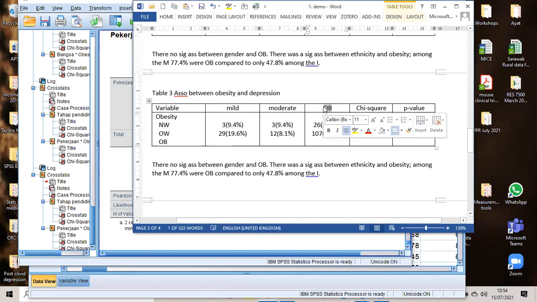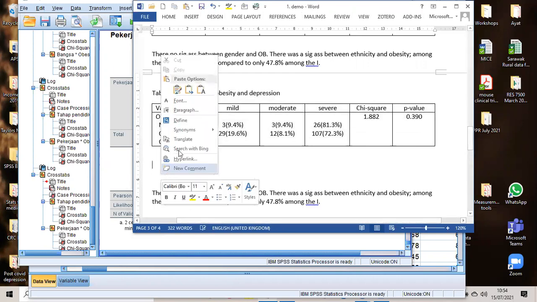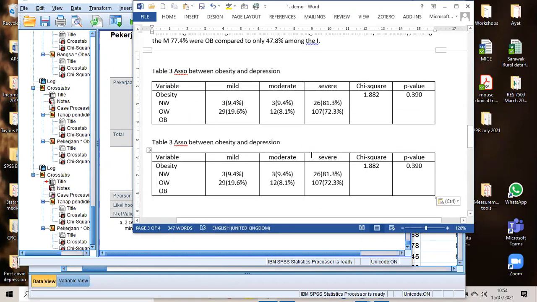Later we'll see how many groups coming. Okay, there are 5 groups. Let's say just put 2 groups, 3 groups. Same thing, put the percentages, take the chi-square value, and discuss whether association between obesity and depression. Another table can be between obesity and anxiety and so on.